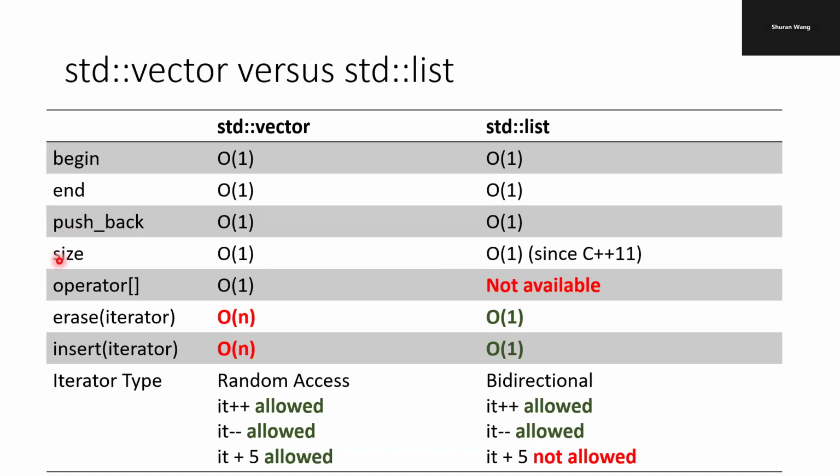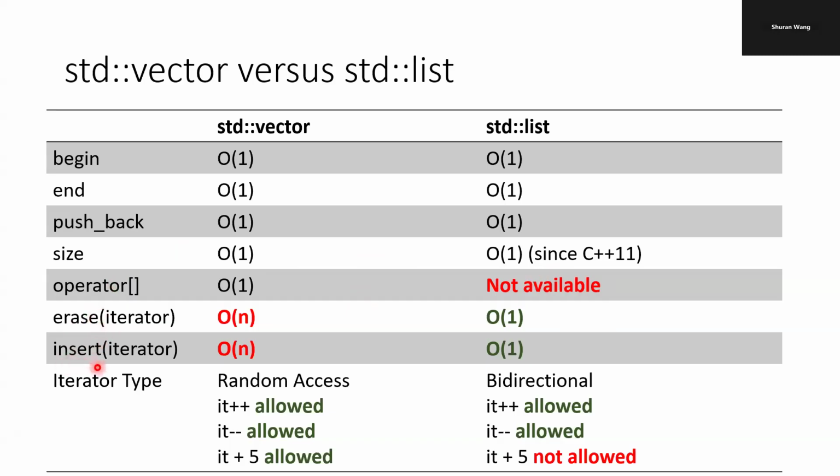But I think nowadays all of the C++ compilers support C++11. Operator square bracket is O(1) in vector, but not available in list because it implies random access. Linked lists are not random access containers.